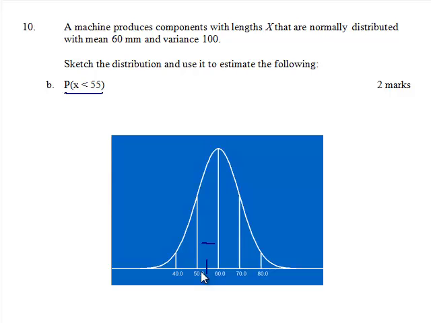So if we said 16%, then we would get an estimate of 32%, and the correct answer is actually 31%. But 32% is good enough for this sort of problem. So the probability that x is less than 55 millimeters will be 0.31 or 31%.